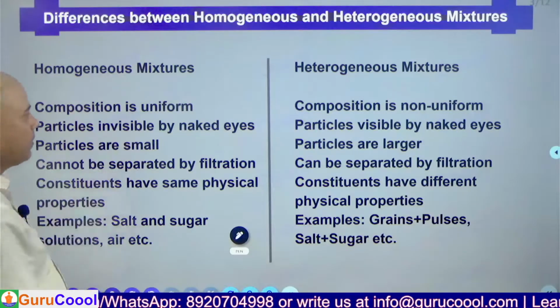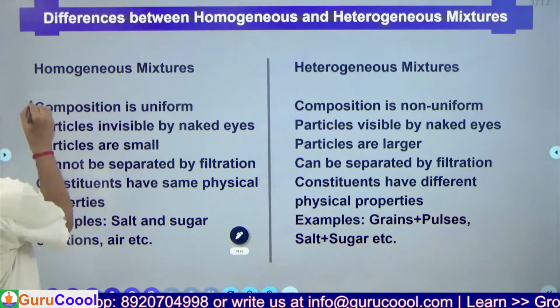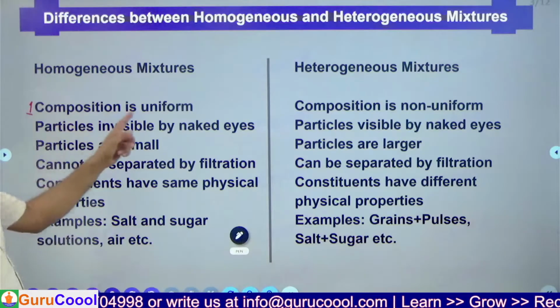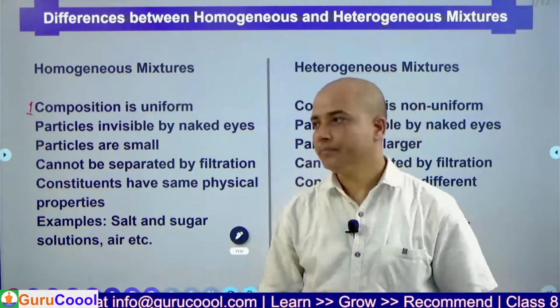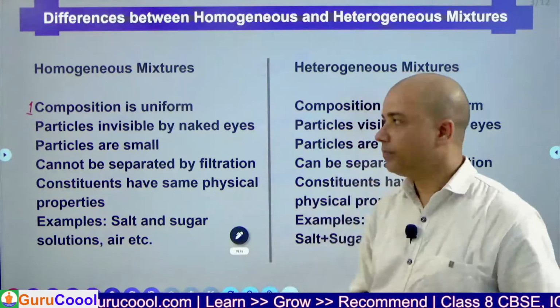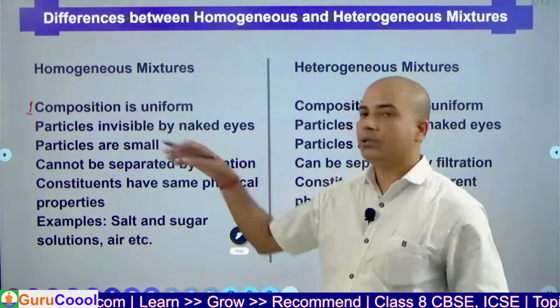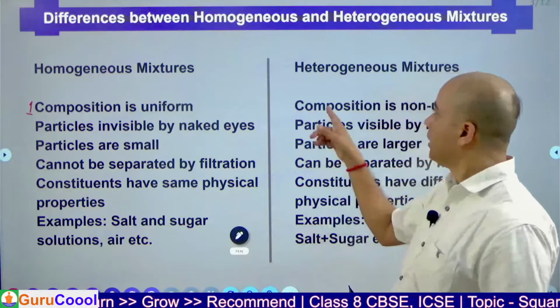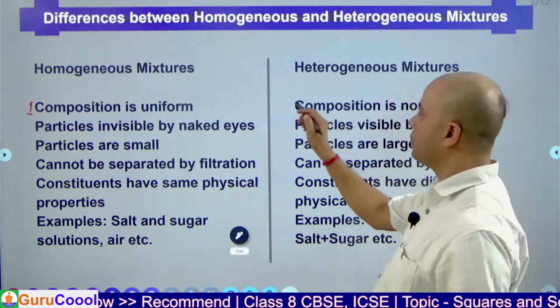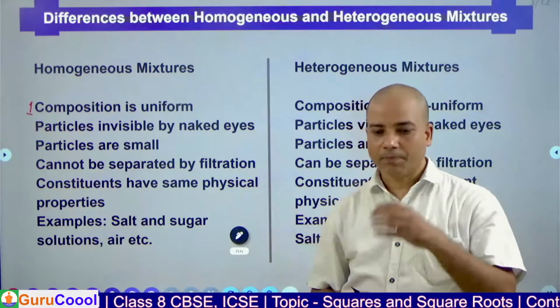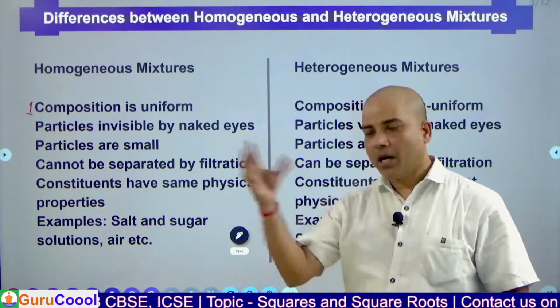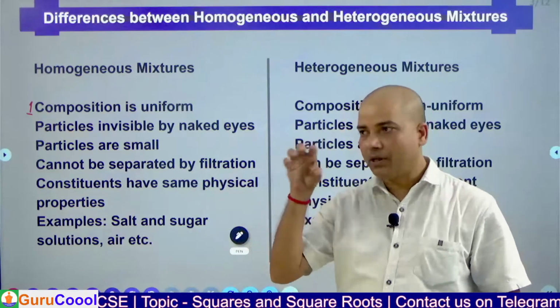The first difference: composition is uniform. When there is a homogeneous mixture, it is completely mixed. In heterogeneous, composition is non-uniform, meaning some particles look bigger, some smaller, and they are visible separately.